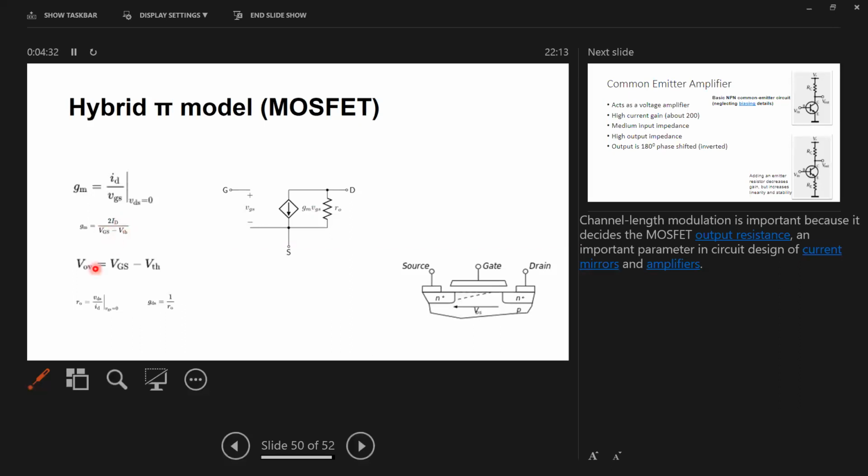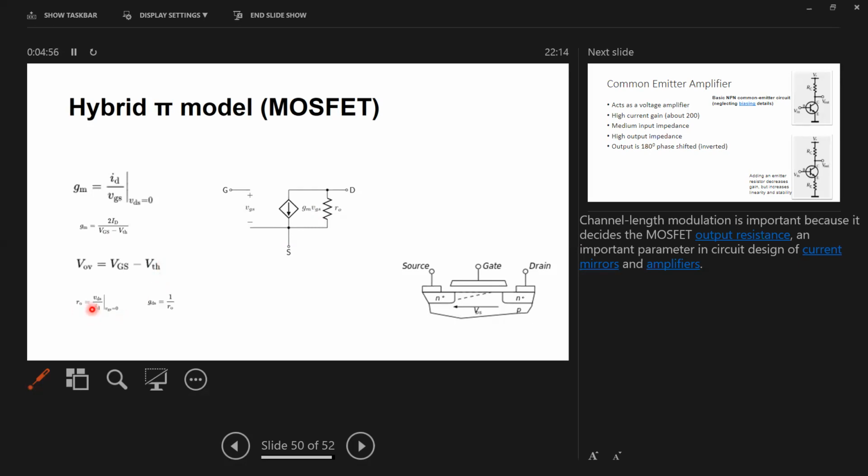This VGS minus VTH is called VOV, the overdrive voltage. It is the difference between VGS, your input voltage between gate and source, and VTH, your threshold voltage, the voltage required to invert the channel of the MOSFET.